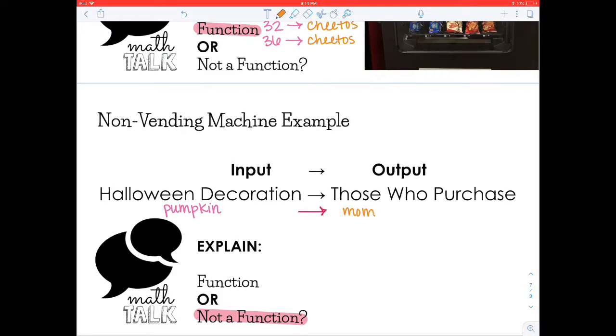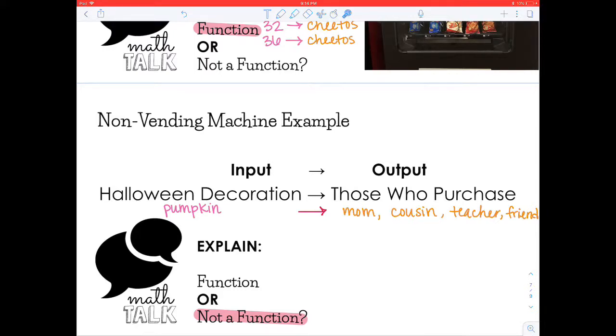Your mom, your cousin, your teacher, your friend. They could have all bought the same pumpkin decoration at the store. So that is one input, that one Halloween decoration, to multiple different outputs. And that would make it not a function.